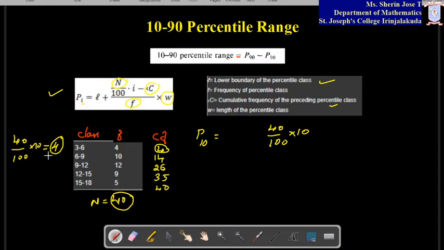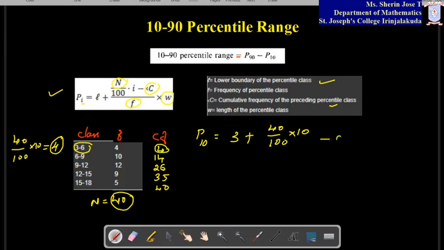If the value is not in the cumulative frequency, you have to take just above value, that's only. So 4 is given directly here in this cumulative frequency, so the corresponding class you have to take, that is 3 to 6. What is the lower boundary of that? 3. So your L will come 3 plus, then this value we have written here, minus cumulative frequency of just preceding class. There is no preceding class here. This is the first class.